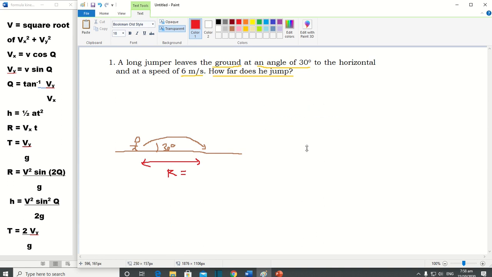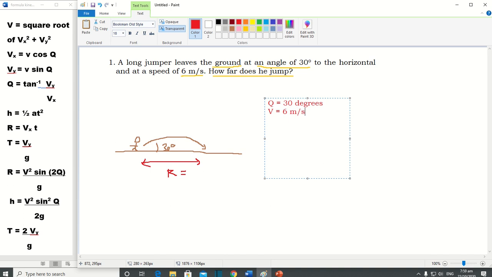But aside sa pag-illustrate, lista na lang din natin yung given para hindi tayo malito. So, letter theta to represent yung angle, 30 degrees. And then, meron tayong velocity. V is equal to 6 meters per second.